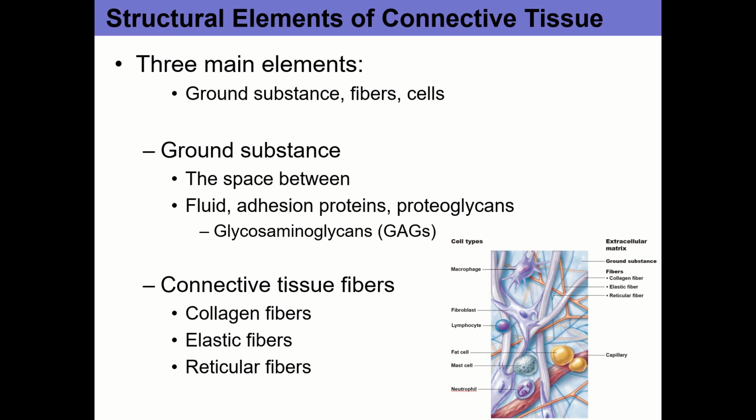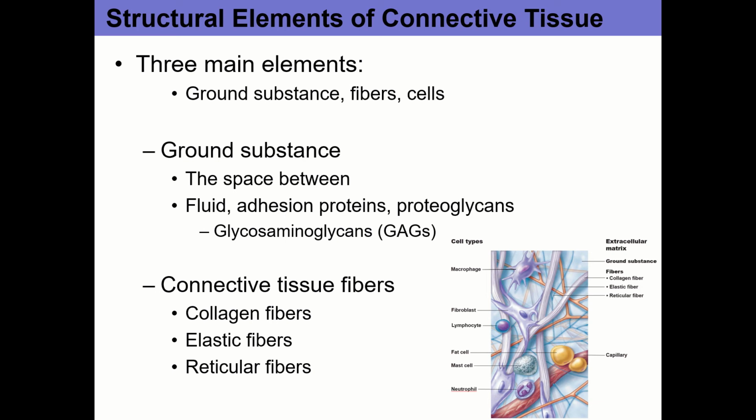The more GAGs a specific type of connective tissue has, the more water it's going to hang on to. And not only is that tissue going to hang on to more water, but you've got a higher concentration of these proteins and these long strings of carbohydrates. A higher concentration of GAGs makes that extracellular matrix more viscous. It makes it thicker, more like motor oil and less like water.